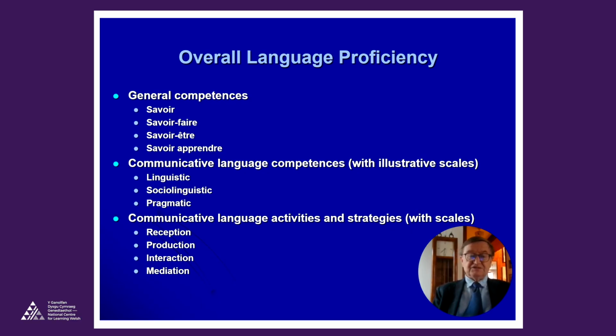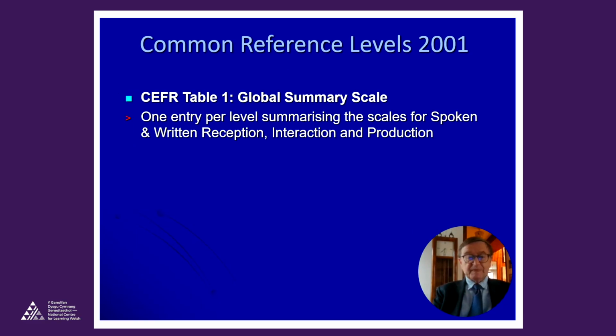The language use was described in terms of communicative language competences and communicative language activities and strategies. Activities and strategies were put forward as the most important result of language learning and the most important part of language use, with competences underlying and providing quality to the quantity of activities and strategies that a person can perform.